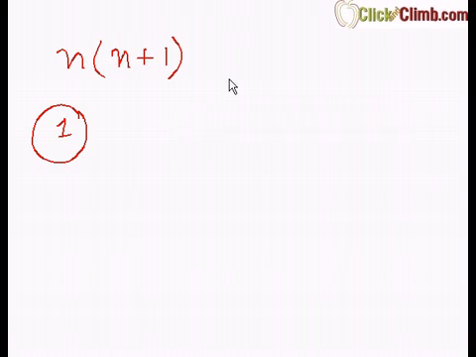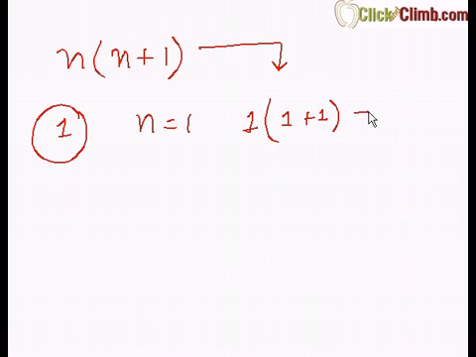Now suppose we have an algebraic term like n squared plus n, and we have to find the first four terms of this sequence. The first term: we put n equal to 1 in this expression, 1 plus 1, and we get 2.